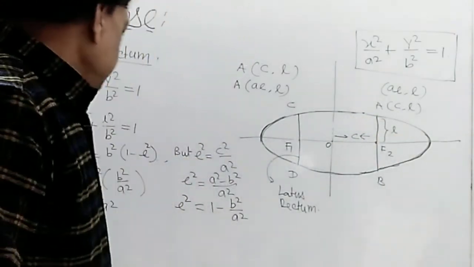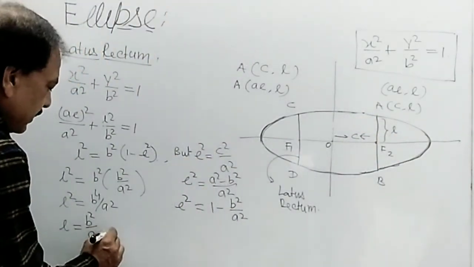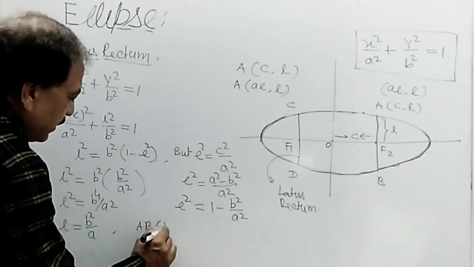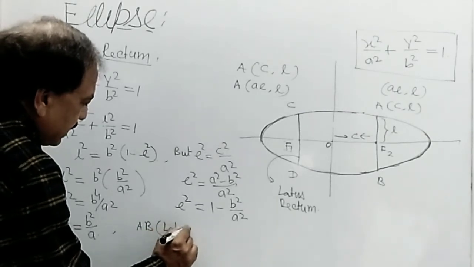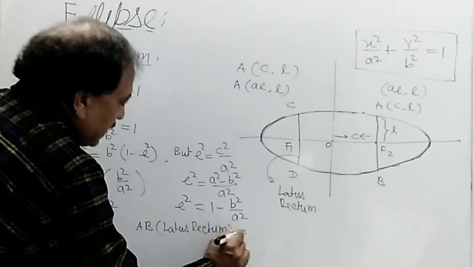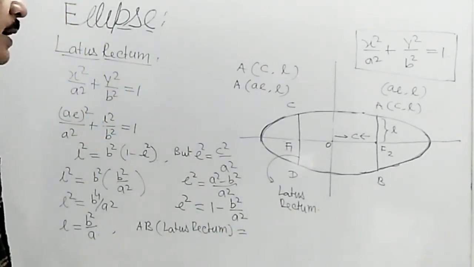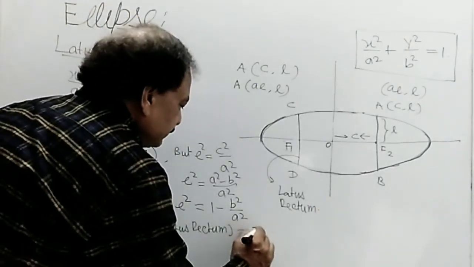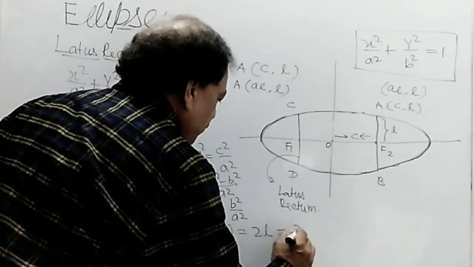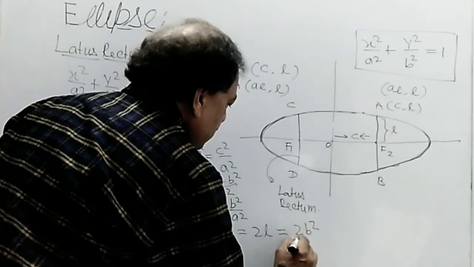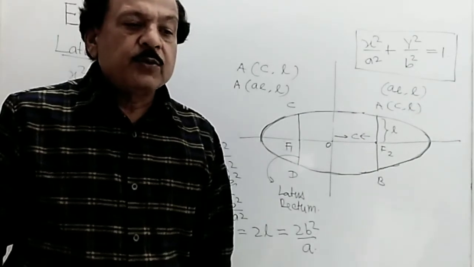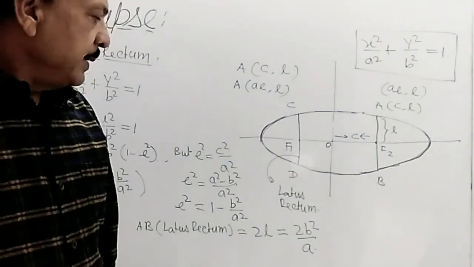So let the latus rectum be AB. Then AB is 2L, that is 2b square by a.